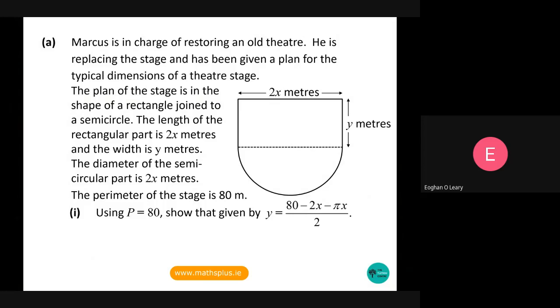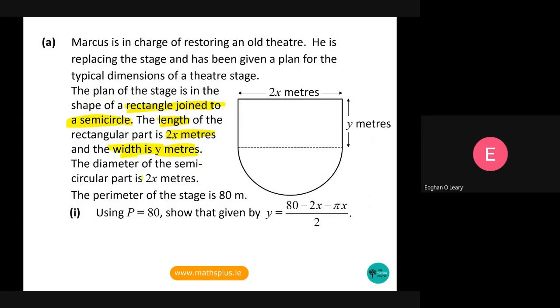So I'm going to say the first 2 sentences, they're the context, but mathematically they're not that important. What's important is the idea that the shape is a rectangle joined to a semicircle. The length of the rectangular part is 2x meters. The width is y meters.